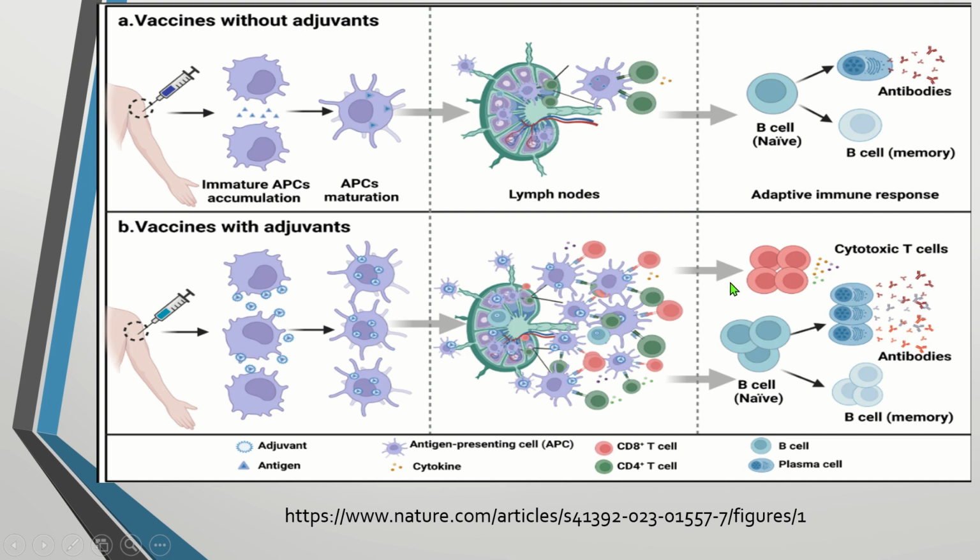The B cells produce antibodies at a high rate because of the adjuvants used. Also, the memory cells are produced at a high rate. That's why adjuvants are important in that comparison. You see it. Let's continue.